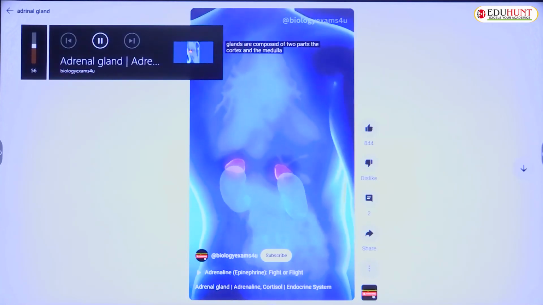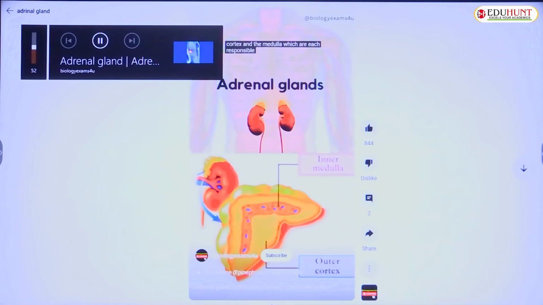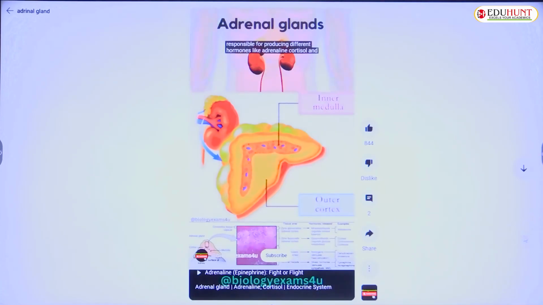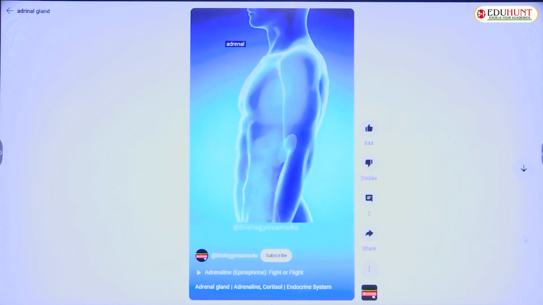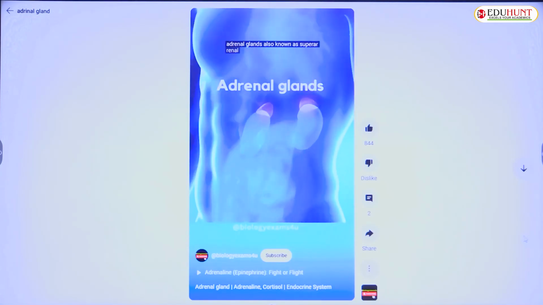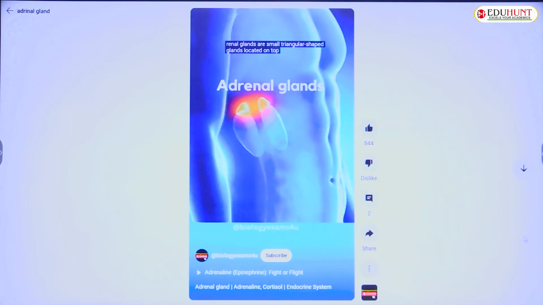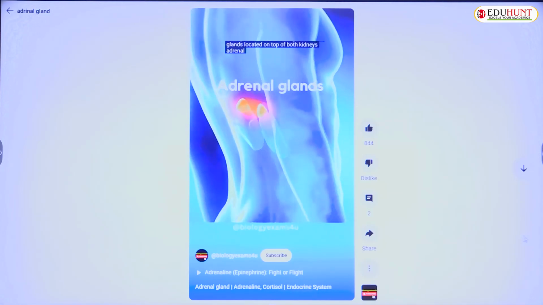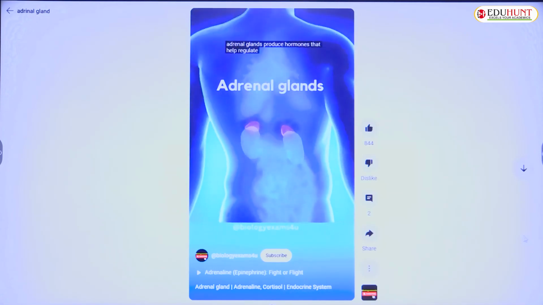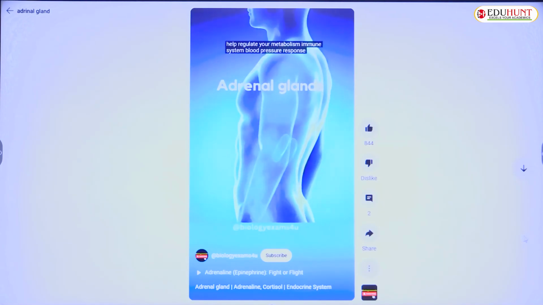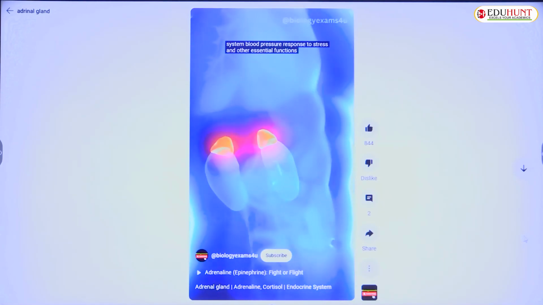The cortex and the medulla are each responsible for producing different hormones like adrenaline, cortisol, and aldosterone. Adrenal glands, also known as suprarenal glands, are small, triangular-shaped glands located on top of both kidneys. Adrenal glands produce hormones that help regulate your metabolism, immune system, blood pressure, response to stress, and other essential functions.